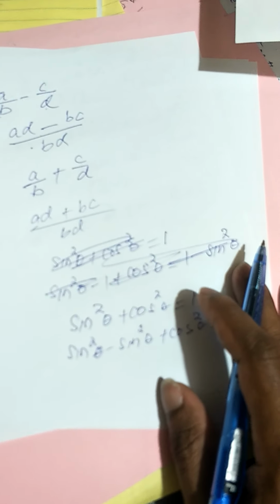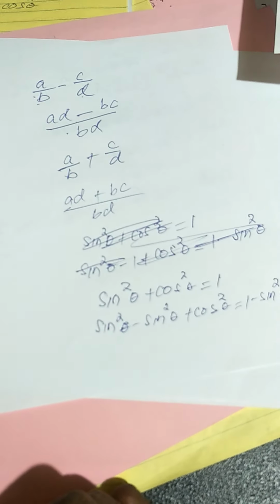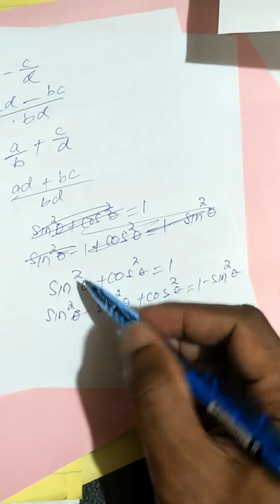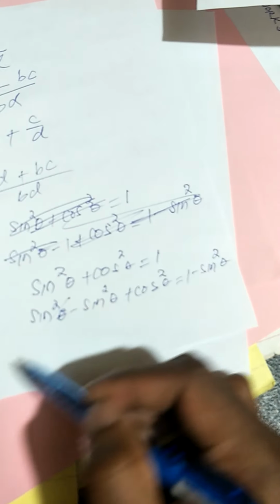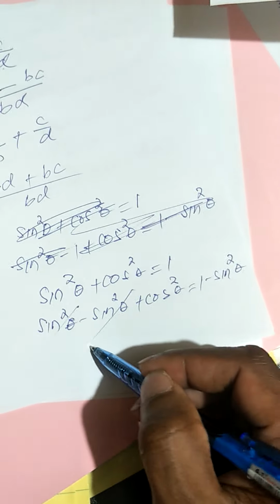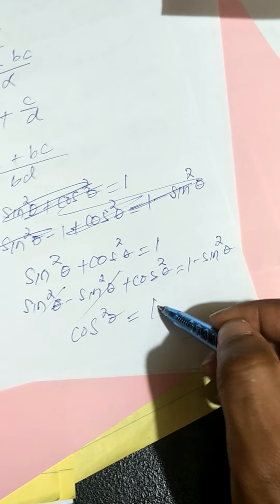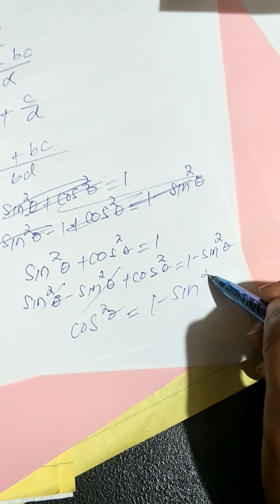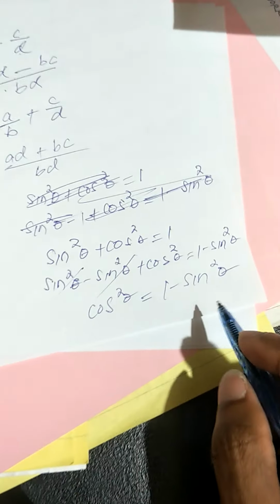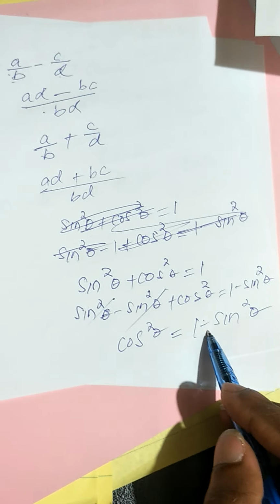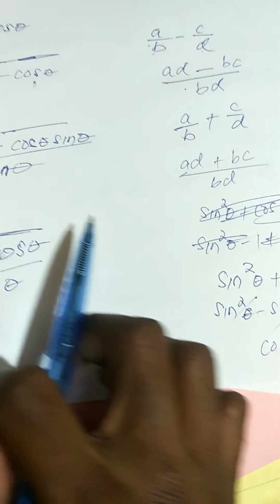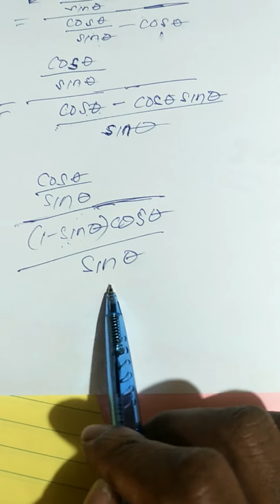Now you see cancel. So cosine theta squared is equals to 1 minus sine theta square. This is what I'm going to apply here.